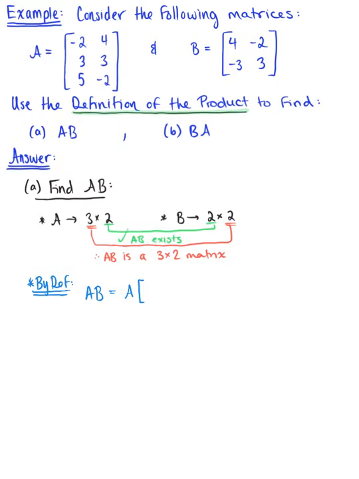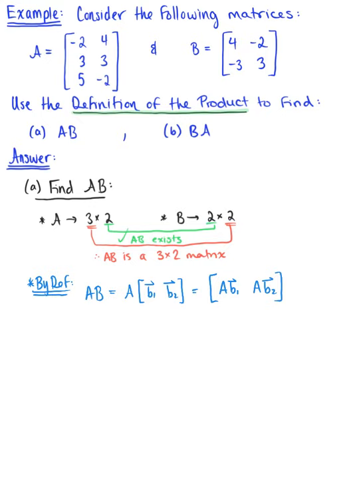We have two column vectors here, vector b sub 1 and vector b sub 2. By definition, the new matrix will have column vectors defined as matrix A times vector b sub 1, and the second column vector will be matrix A times vector b sub 2.